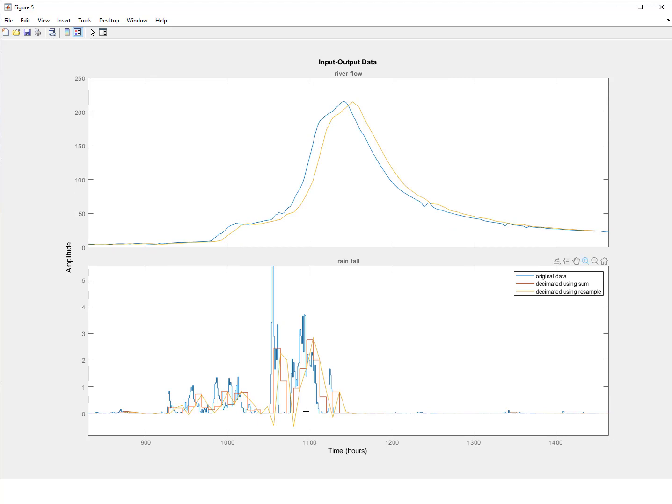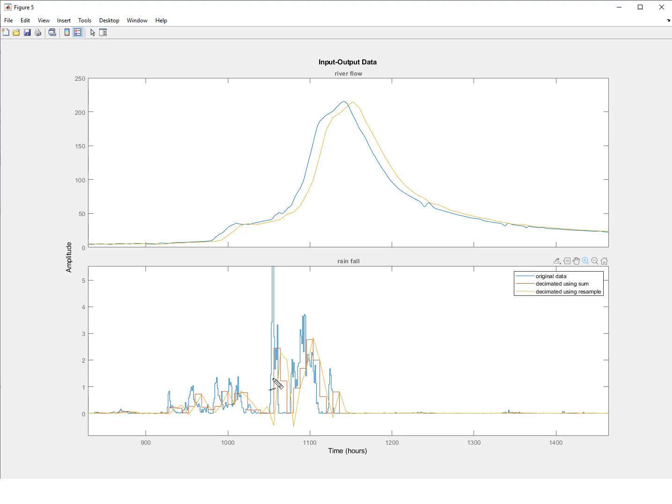And you can see that indeed, using resample, the rain becomes negative, and this is the result that you have with this averaging of the rain over n hours. And you can see that this delay that you have with the resampling in the river flow, you also have it, of course, on the input data.